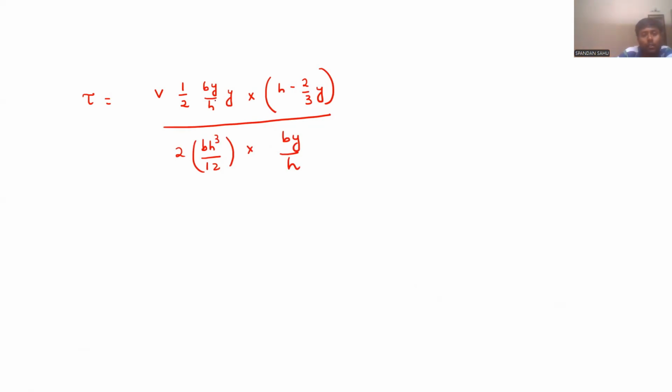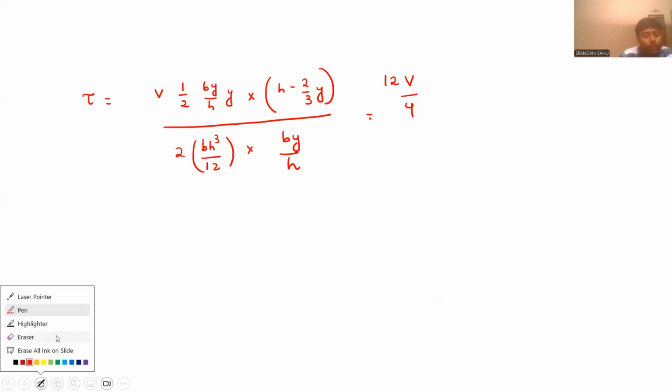So now you check, V remains V. 1 by 2 into 2 became 4. 12 went to top, so it became 12. 12V by 4, so 3V.